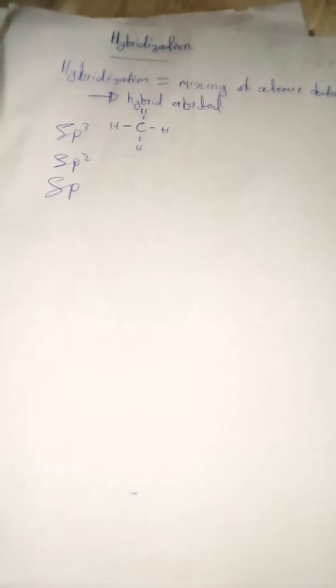I'm going to give you some tips to come up with them. First, sp3 hybridization occurs in saturated hydrocarbons, that is, a compound surrounded by 4 hydrogens. Any such compound undergoes sp3 hybridization, with single bonds. It is saturated.